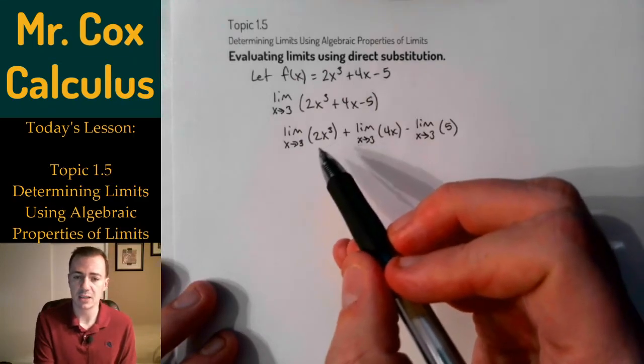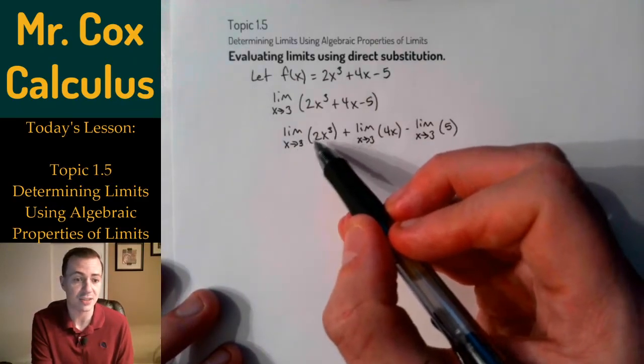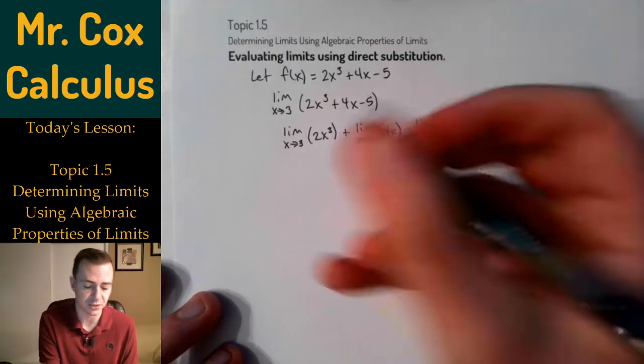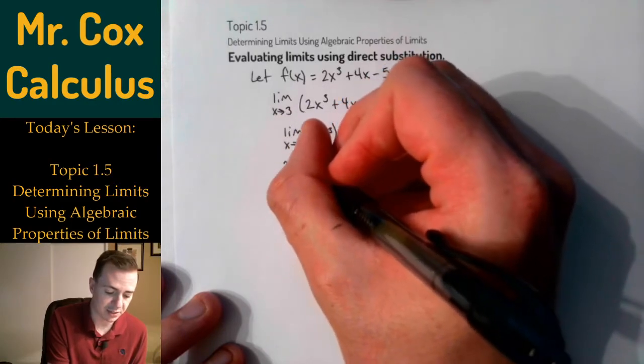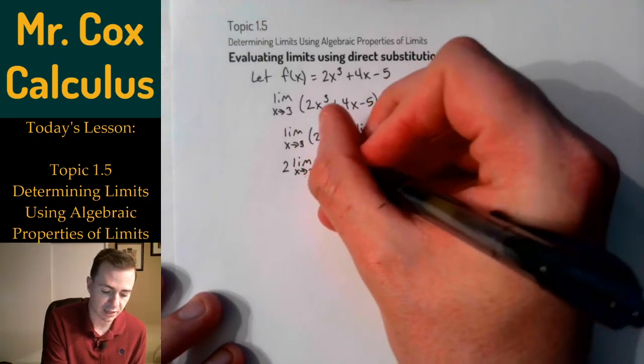The next thing I look at is this particular expression right here. My scalar multiple property says I can take this 2 and move it outside of the limit statement, so this is equal to 2 times the limit as x approaches 3 of x cubed.